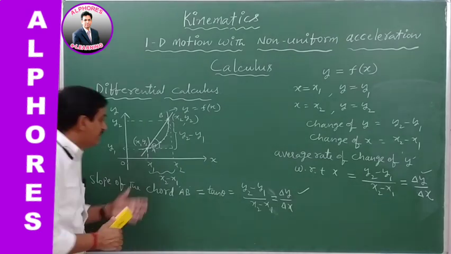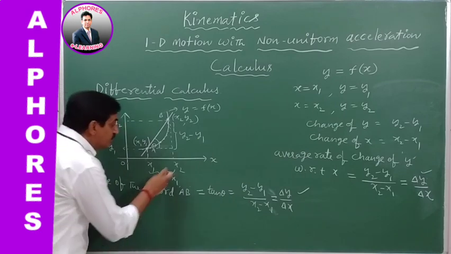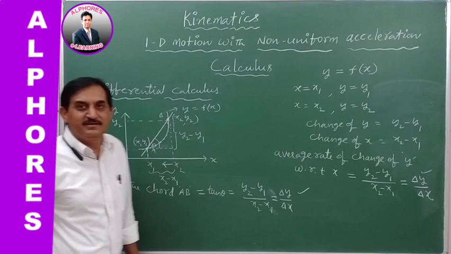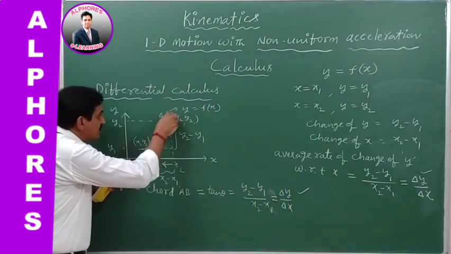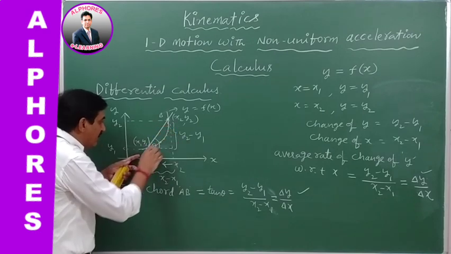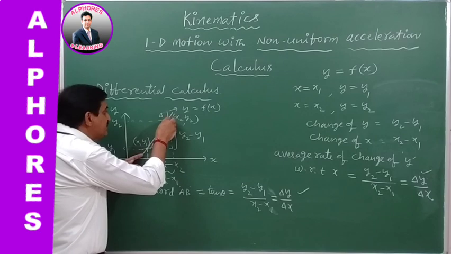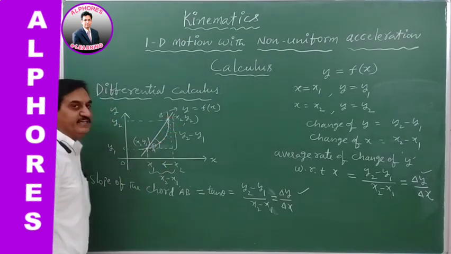Now I want to reduce this gap. What to do? x2 is slowly approaching x1. What happens here? This chord is slowly bending down, and finally when x2 is very close to x1, it gives a tangent at point A.